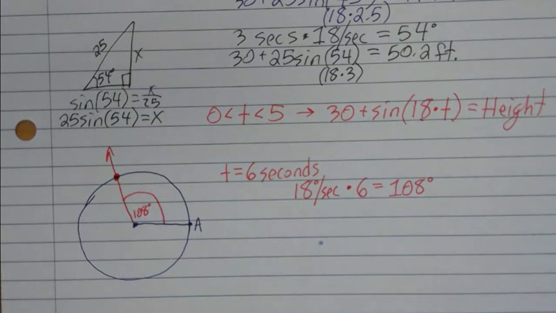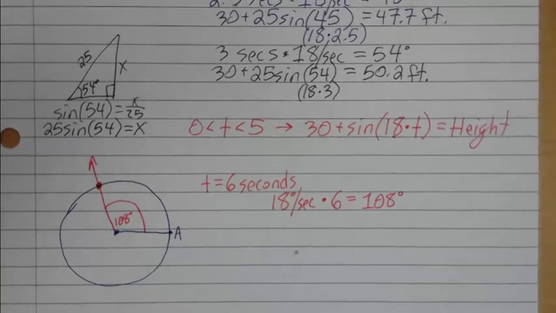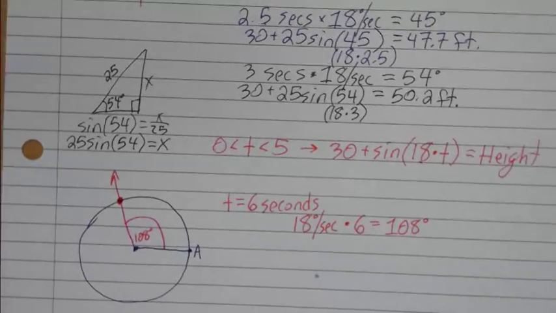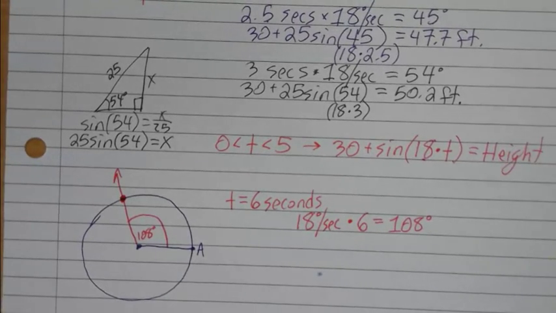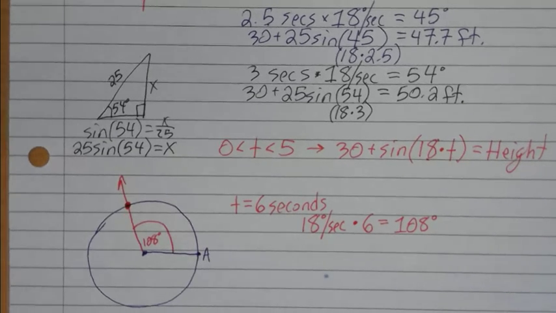Now, that might ring strange to you watching this video, because we've only really done trig with angles that are less than 90 degrees. For right triangles, there are no right triangles with 108 degree angles. So we need to think back to what we did in prior videos.